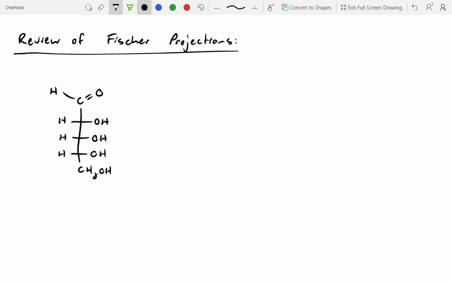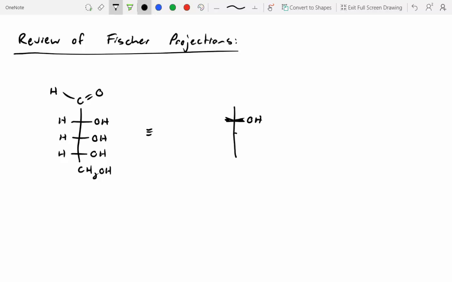If you remember, the Fischer projection example I gave you guys in fall term was the example of the cat on its back, right? And its legs are sticking out towards you. That means all of the horizontal substituents are going to be wedges. So let's redraw this a little bit. You can kind of make these bow ties.